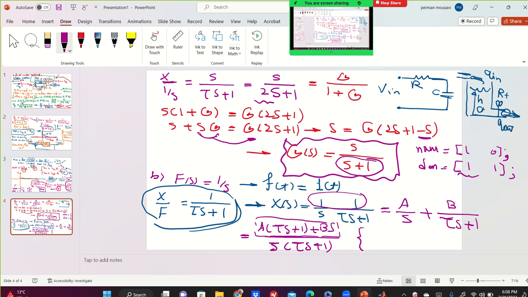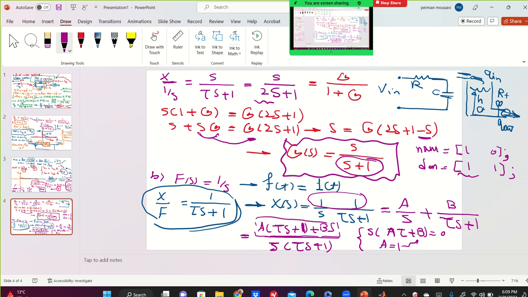So if you factor out s from here, you get A tau plus B is 0 because 1 has no s, and A is 1, obviously.